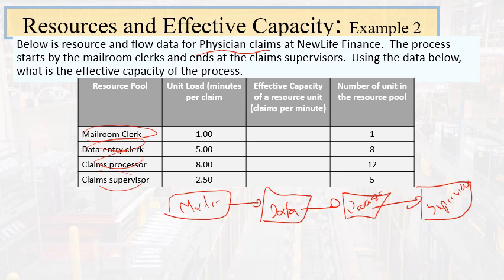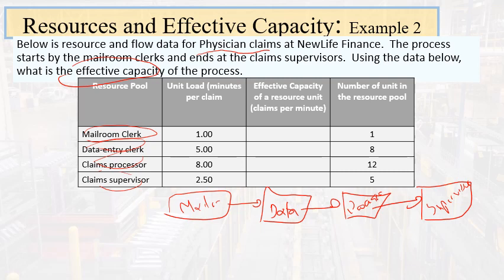Now, very interesting. The actual capacity of the process will depend on the bottleneck. So whichever process is the bottleneck is going to dictate the effective capacity for the whole process, because the question is asking about the effective capacity of the whole process.